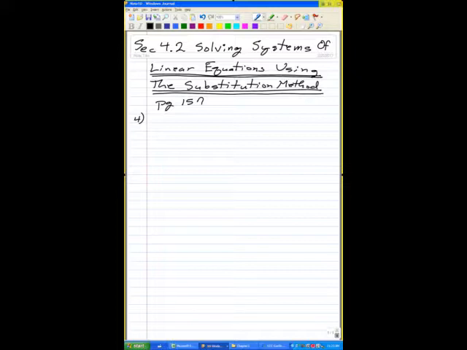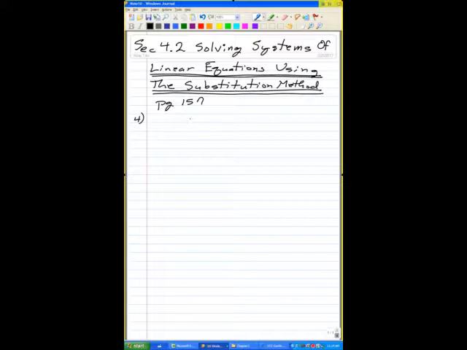So let me do problem number 4 on page 157. In exercises 1 through 30, solve the system of equations using the substitution method. So the first technique that I'm going to be introducing is the substitution method.